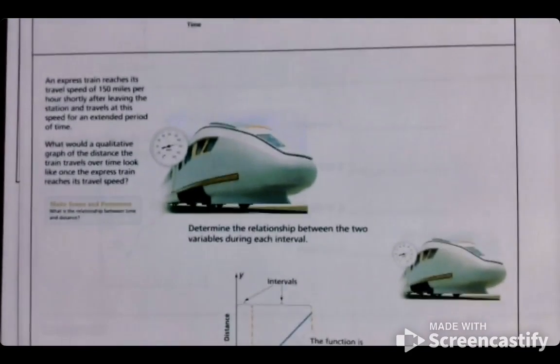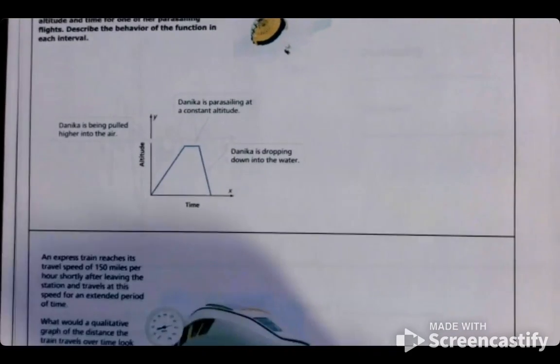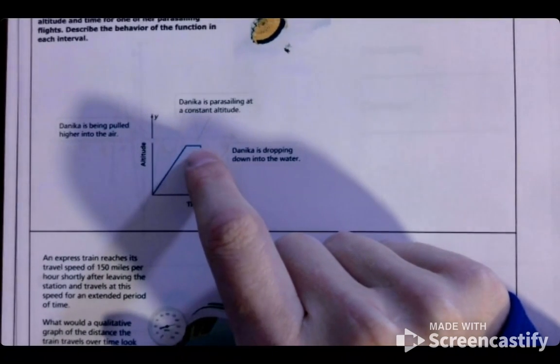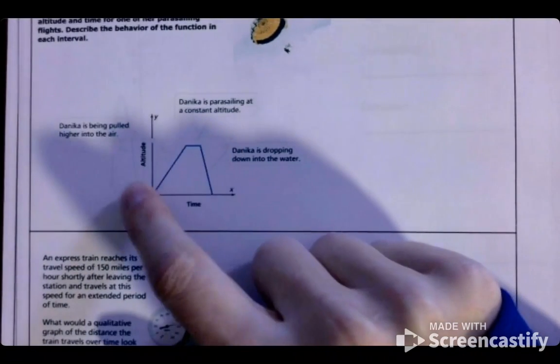Alrighty, so we are going to move on from where we were before and last week, and we are going to move into storygraphs. So the first page of your notes is just what it is. Notice how this right here doesn't mean he stopped. It just means that it's a constant altitude.